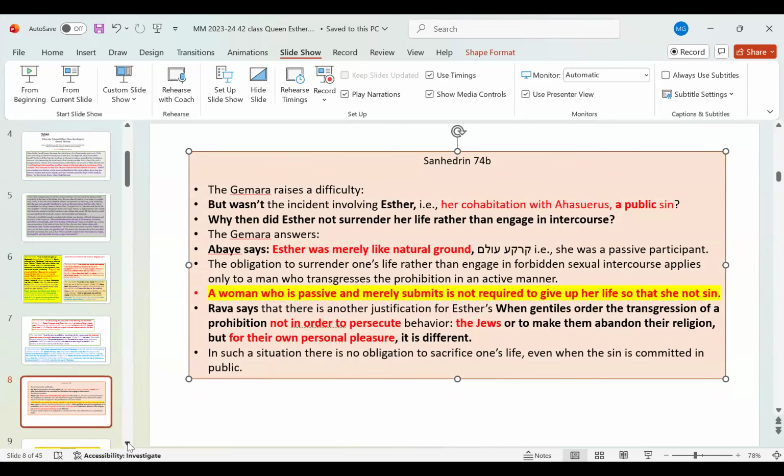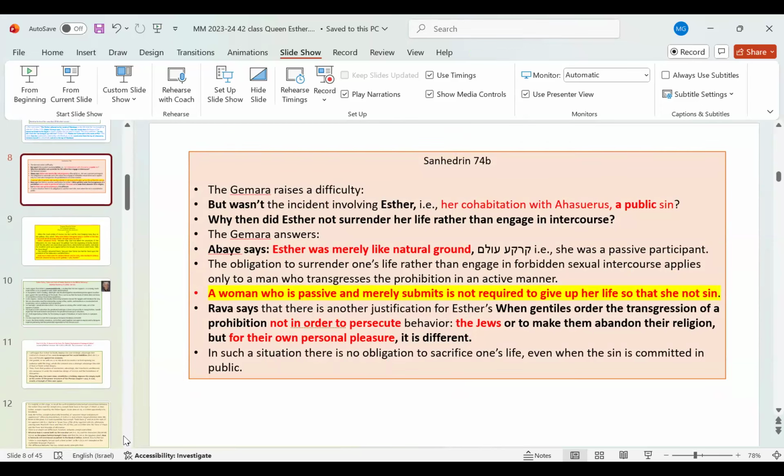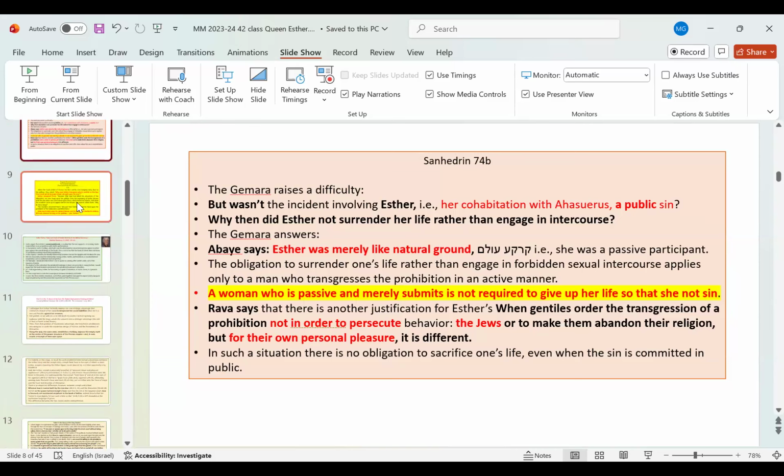In a way, is it a way of thinking positively about the woman by the rabbis? I think so. Generally they're negative, but this is a way to say, well, it wasn't your fault. Yeah, absolutely.